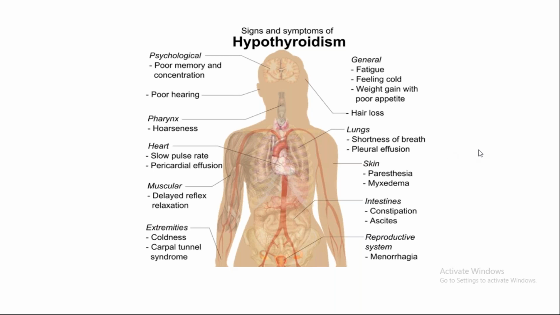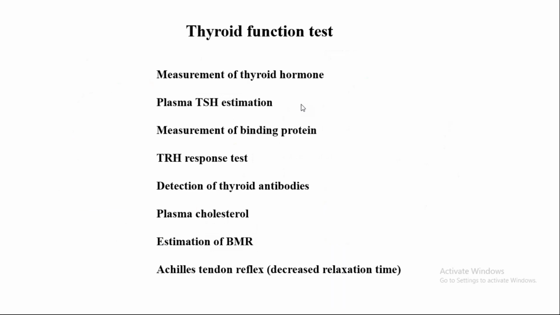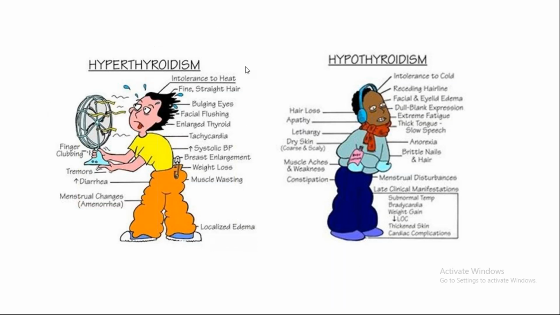So this is about hypothyroidism. This is the photograph. You can see hyperthyroidism and hypothyroidism. Hyperthyroidism has intolerance to heat, and hypothyroidism intolerance to cold.